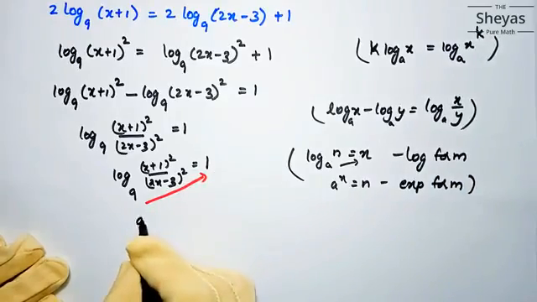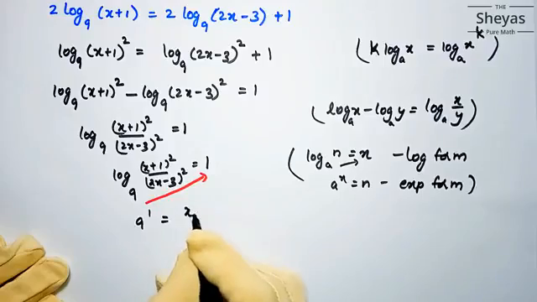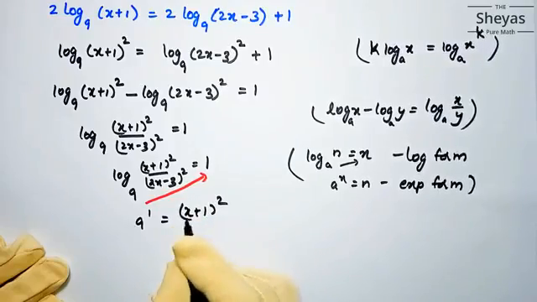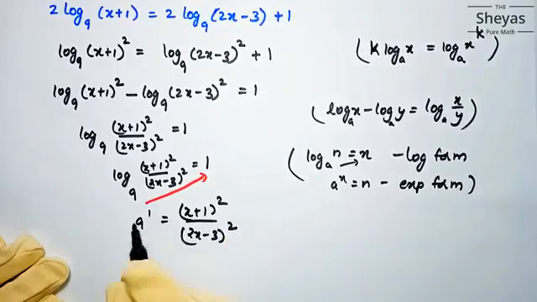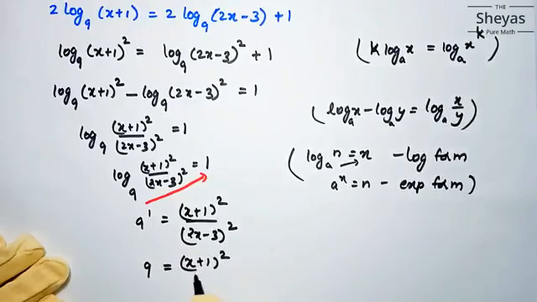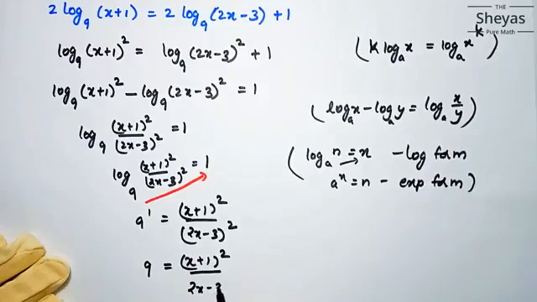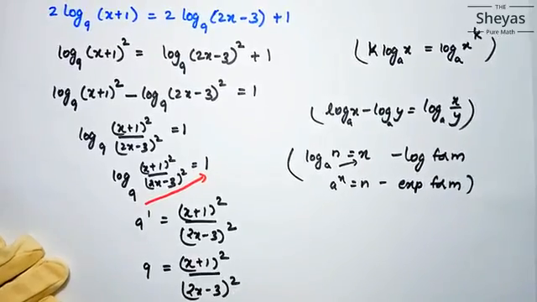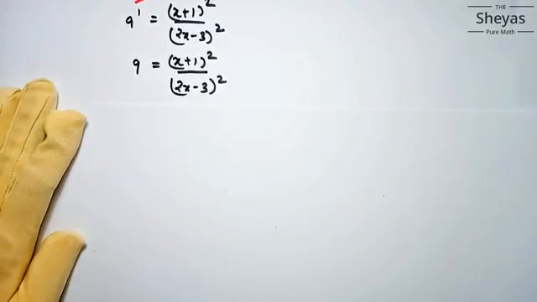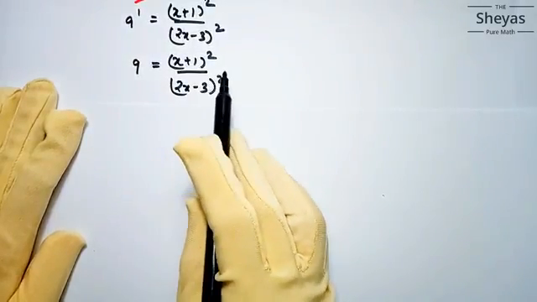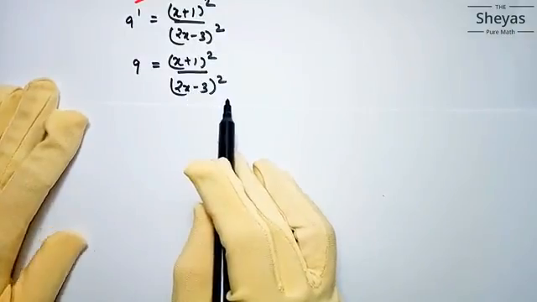Just keep this arrow in mind. So it will be 9 power 1 is equal to (x plus 1) the whole square by (2x minus 3) the whole square. 9 power 1 is the same as 9, right? So 9 is equal to (x plus 1) the whole square by (2x minus 3) the whole square.